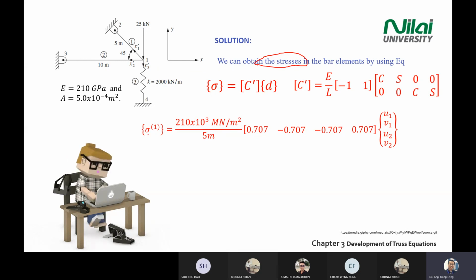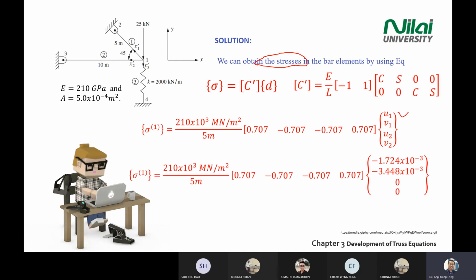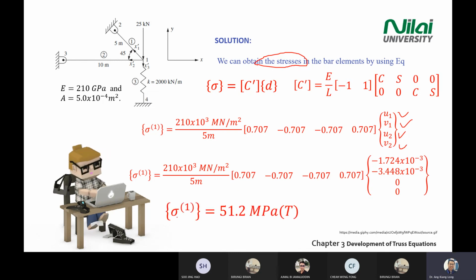You get the stress for element 1. You have your U1, V1, U2, V2, and you just do the mathematical calculation. You'll get the stress inside element 1 to be 512 megapascal.